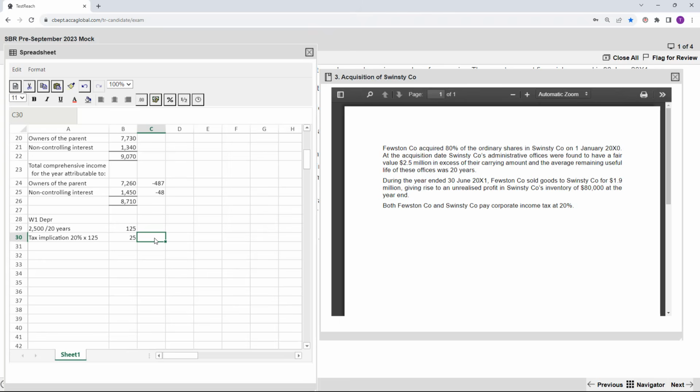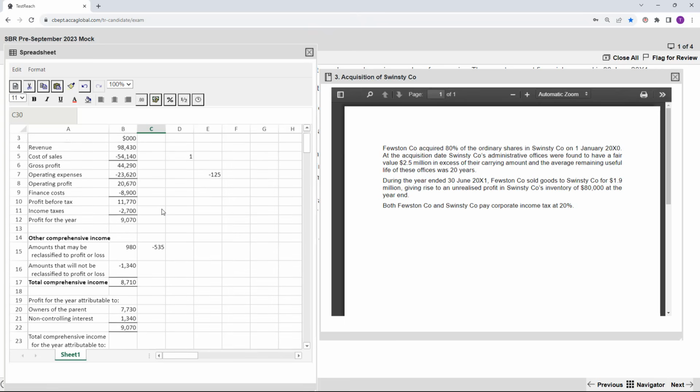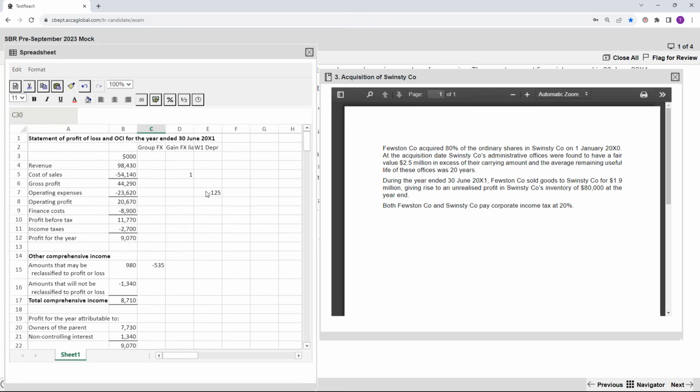The gain would have increased the carrying value of the asset and would create a taxable temporary difference. This is the opposite here. We've put through an additional expense of 125, which is not getting tax relief because it's depreciation. So we're getting this deferred tax kickback of 25.